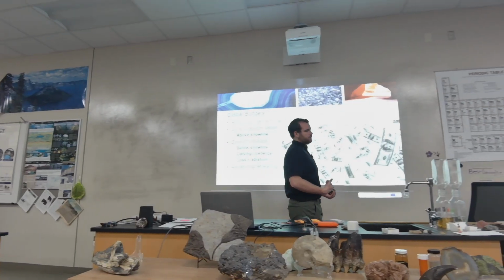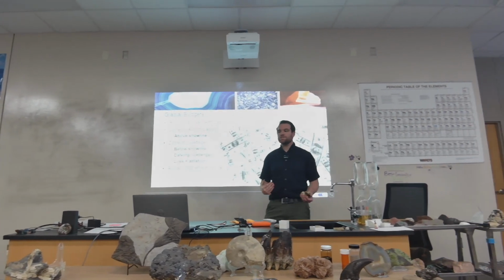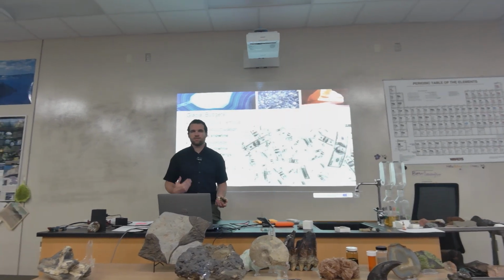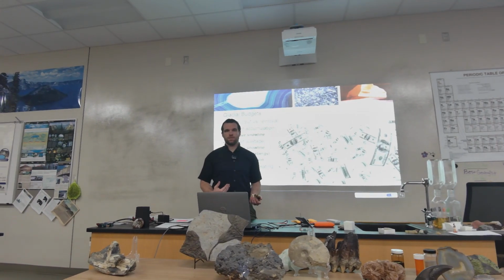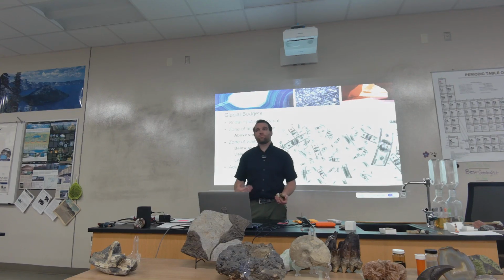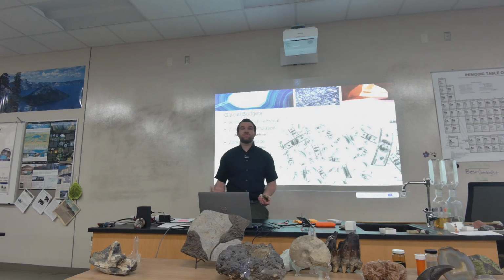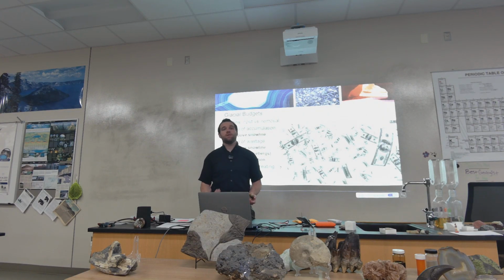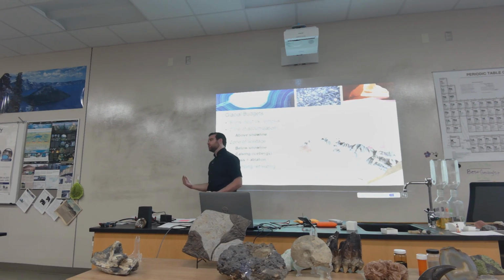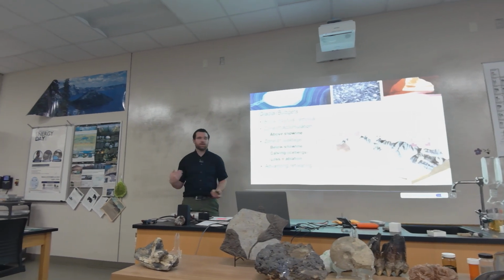However, there's always a constant here: it's always melting on the bottom part. Wherever the bottom of my glacier is, it's always going to be melting there. So the ratio of snow input versus ice loss is my budget, and this will determine whether my glacier is advancing or retreating.